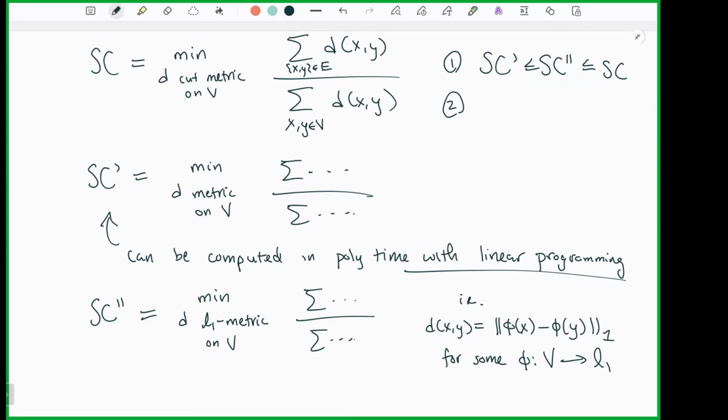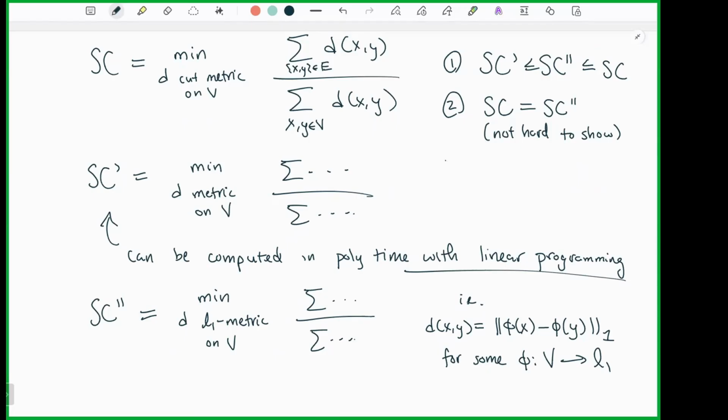One consequence is that the thing with cut metrics, SC, and the thing with L1 metrics are actually equal to each other. So the second inequality is actually an equality, and this is not hard to show. If you think about the definition of L1 and look at the components, you can break it up into convex combinations of cut metrics.